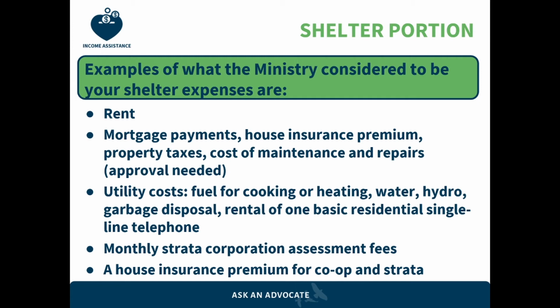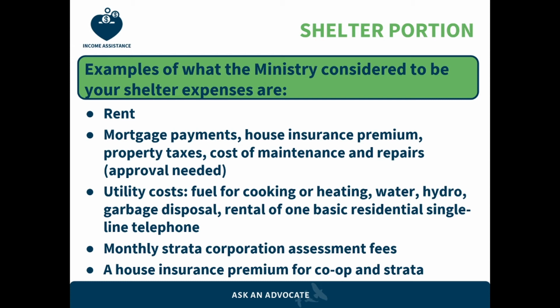In addition to this, any of the following utility costs may also be included: fuel for cooking or heating, water, hydro, garbage disposal provided by a company on either a regular, weekly, or bi-weekly basis, rental of one basic residential single-line telephone, as well as a monthly strata corporation assessment fee for a residence owned and lived in by the client, and lastly, a house insurance premium for co-op and strata owners.